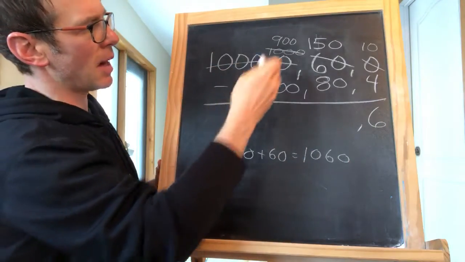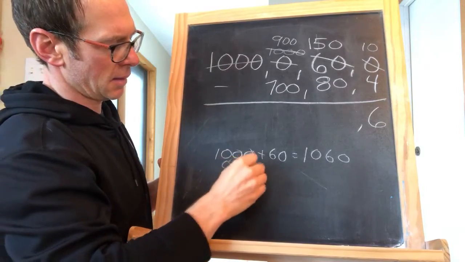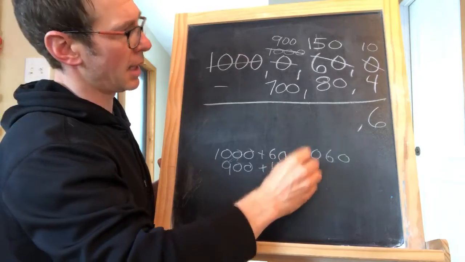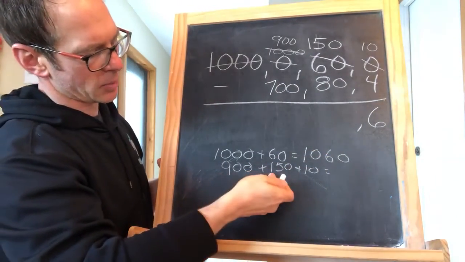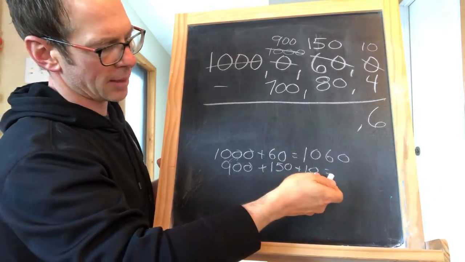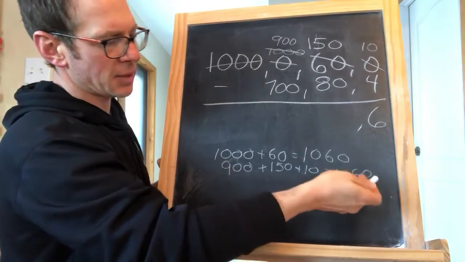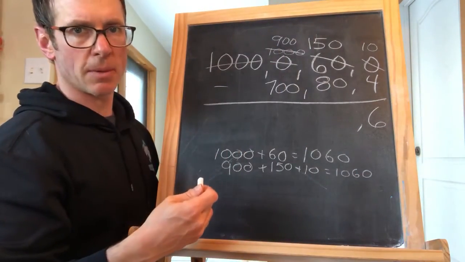If I change that around to what I have up here now, I have 900 plus 150 plus 10. If I add those together, 900 plus 100 is 1,000 plus 50 is 1,050 plus another 10 is 1,060. I've still accounted for all of my 1,060. I just redistributed where the numbers were.